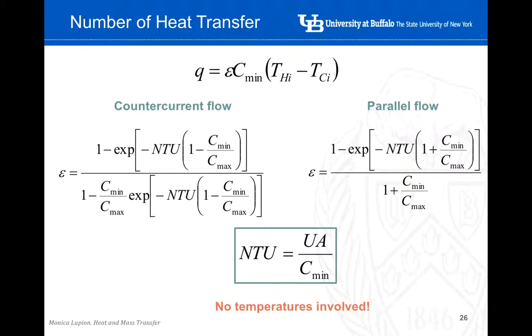So in case that we don't know temperatures, if you remember from the previous presentation, in order to apply the log mean temperature methodology, we needed to know at least 3 of the 4 temperatures. But in this case, the dependence on the temperature is not that obvious for the calculations. So if we only know 2 temperatures out of the 4, this methodology, the NTU, is normally better than the log mean temperature methodology.